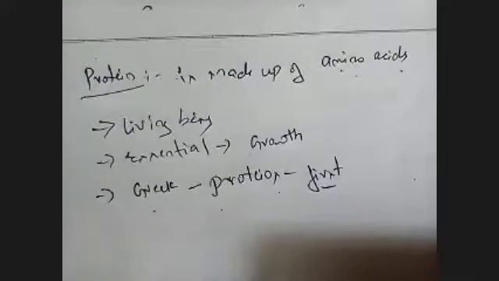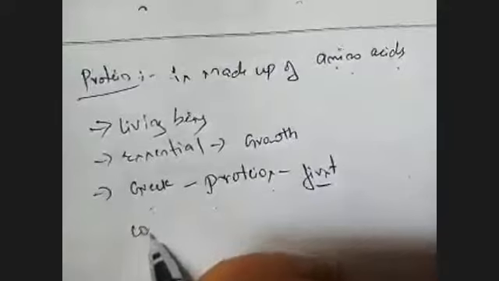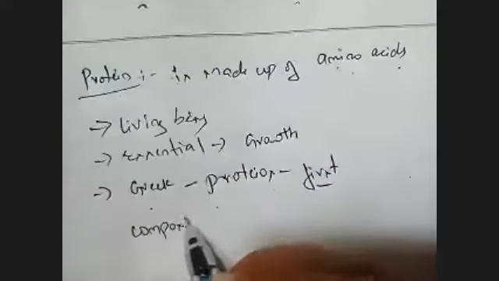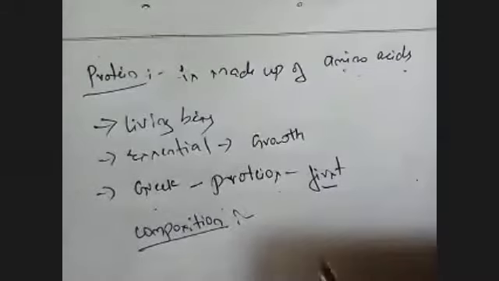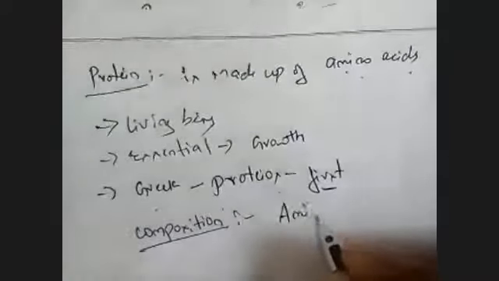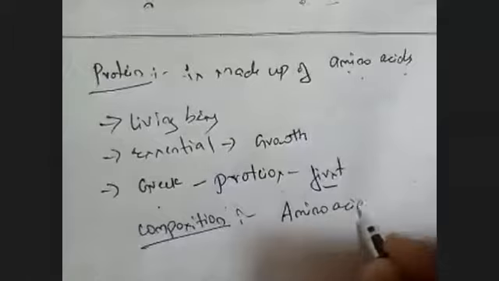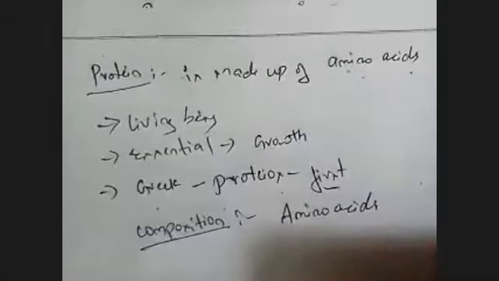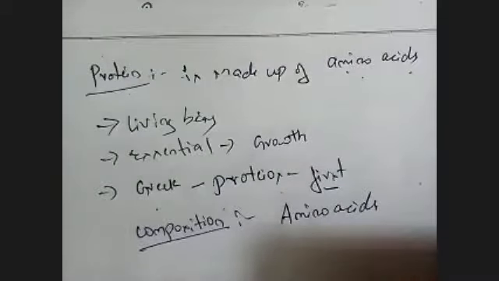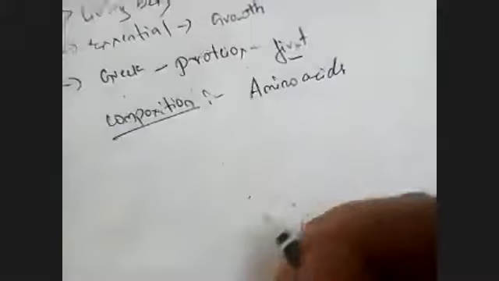Then what is protein made up of? Composition. What is protein made up of? Yes, as I informed you, it is made up of amino acids. An amino acid has three groups.